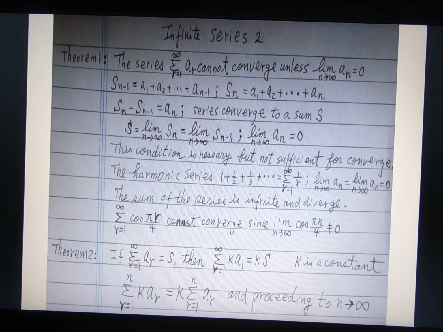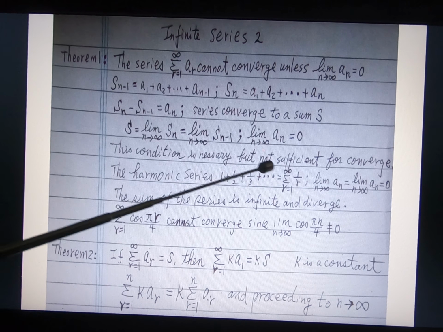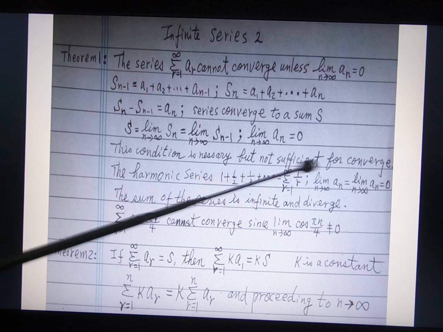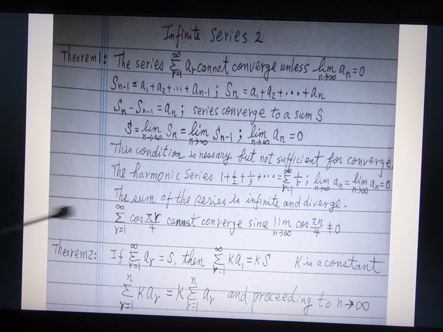Okay, now we look at this infinity series. I will list 5 theorems about this infinity series. For example, number 1: the series cannot converge unless the limit n to infinity of the term an equals 0, and the condition is necessary but not sufficient for convergence.